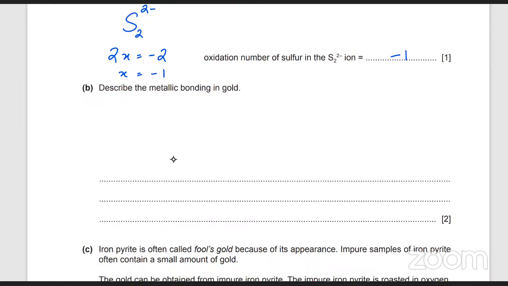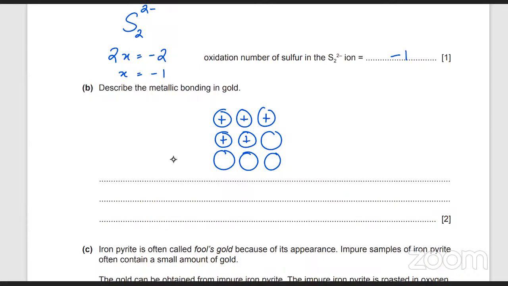So make sure you draw a diagram if the space is given, a bunch of positive metal ions. थोड़ा करीब draw करना, bunch of positive metal ions in a sea of free moving electrons. उसको describe कैसा करोगे?